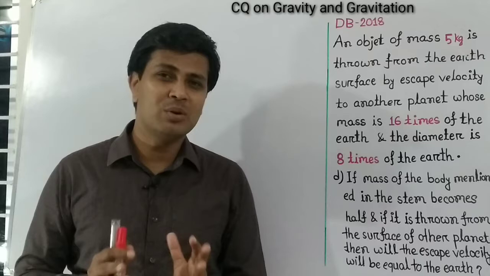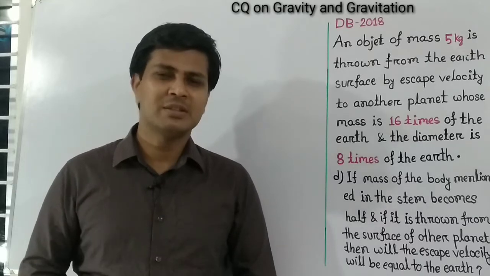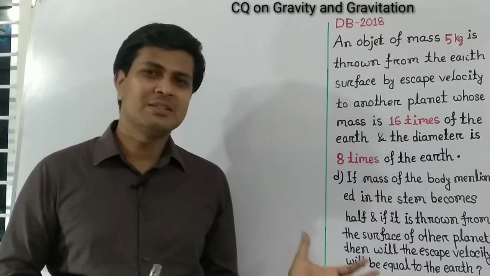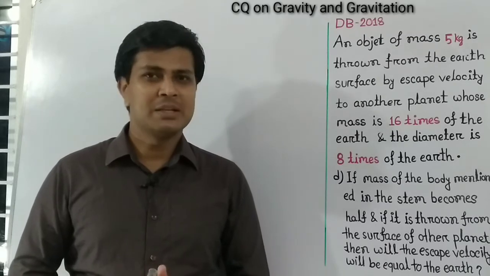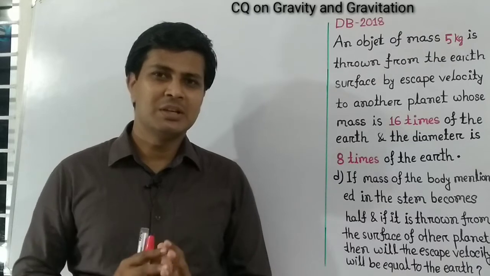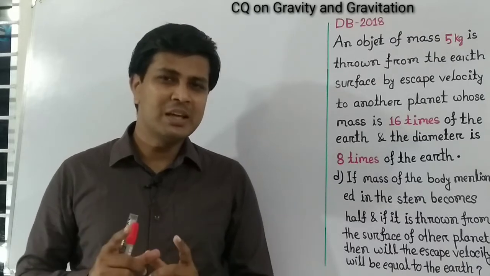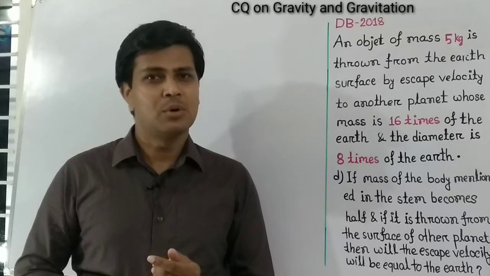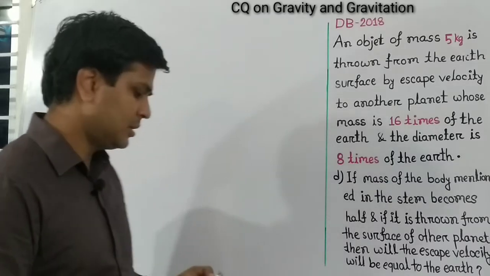That means we have to calculate the escape velocity for both cases, first the Earth's surface and then the other planet, and compare them, but there is one thing, which is the mass of the body. Let's see the solution here.